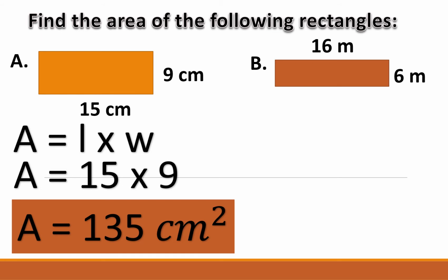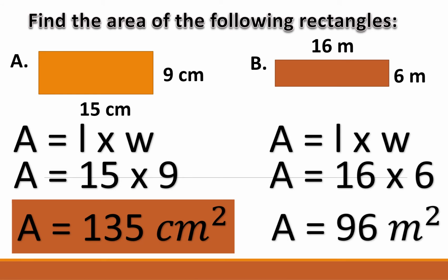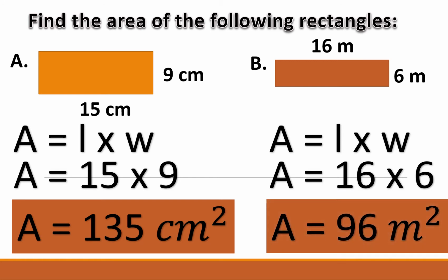We have 16 meter and 6 meter. Let us see your answer if correct. Area is equal to length times the width, meaning 16 times 6. So the answer now is 96 square meter. Okay, nice one, class.